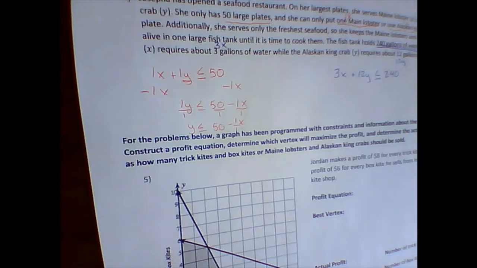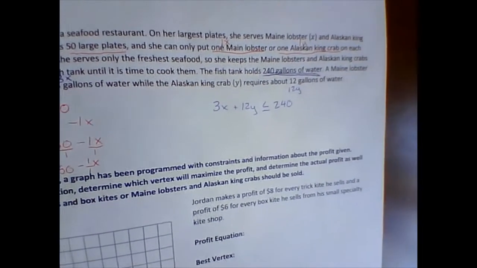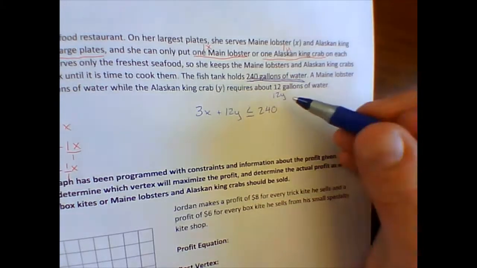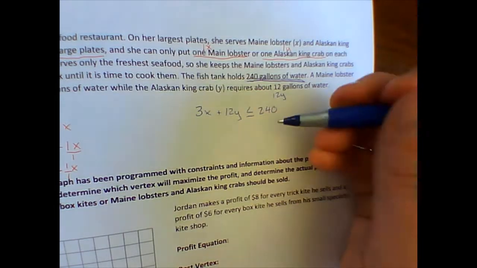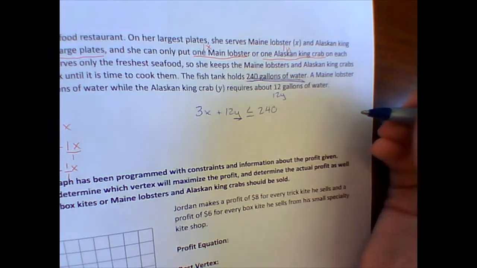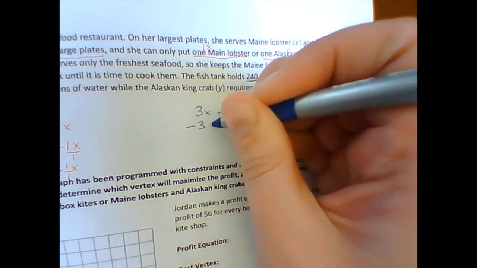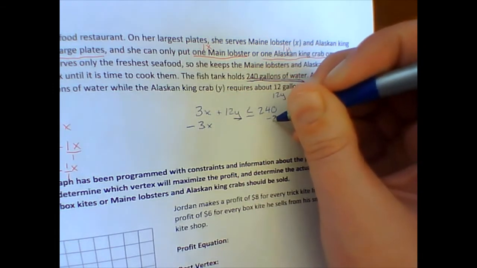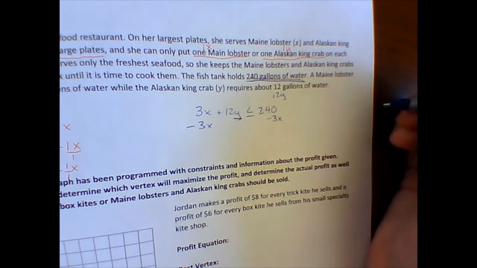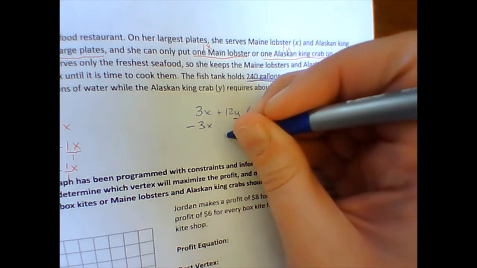So to graph it, you need that y to be alone. We're going to do the same thing over here. Here's the y. We're going to remove everybody around it. The y itself doesn't move. So take the entire x portion. That includes the number that's attached to x. You're going to subtract it away. And we're going to be left with 12y.